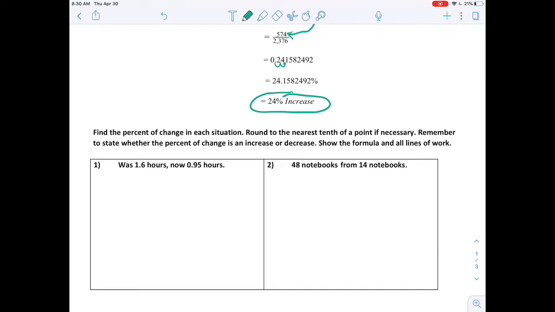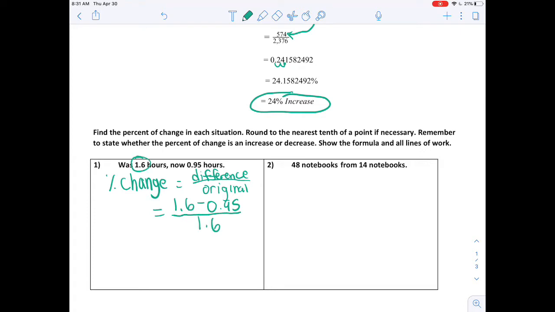So I'm going to do the percent change equals the difference over the original. I don't know what the percent change is, so equals. The difference, I'm going to put the higher number first, so 1.6 minus 0.95 over the original.